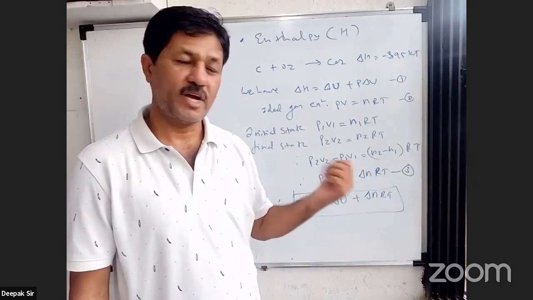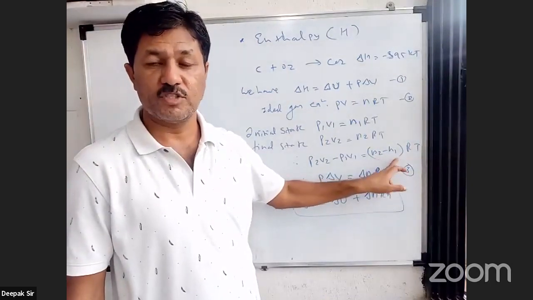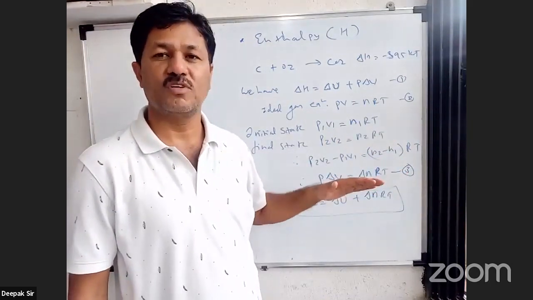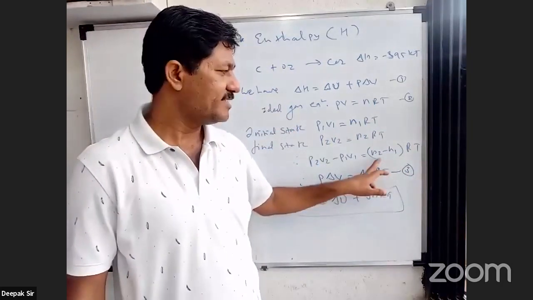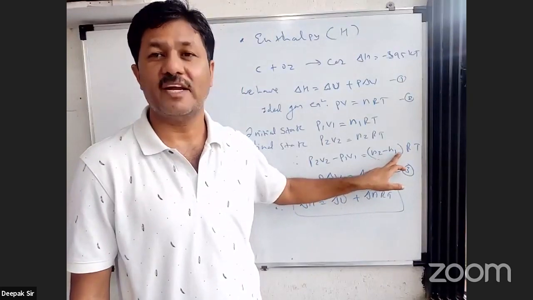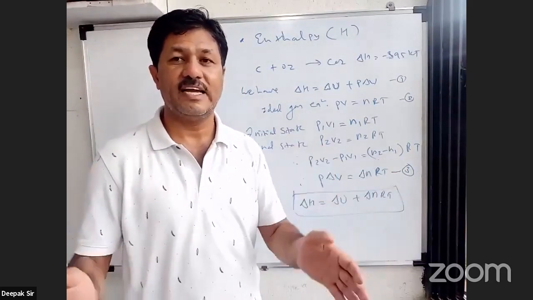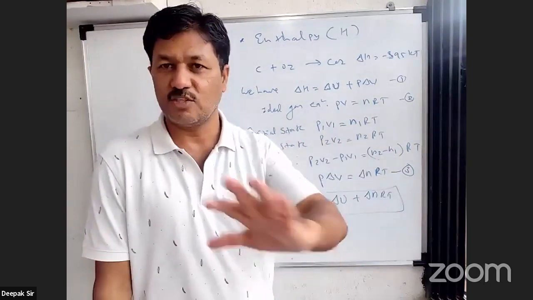So number of moles of product n2, number of moles of reactant n1. ये इक्वेशन जब आप किसी भी न्यूमेरिकल को सॉल्व करने के लिए यूज करेंगे, हीट ऑफ रिएक्शन को सॉल्व करने के लिए यूज करेंगे, तो keep it in mind that n2 represents number of moles of product and n1 represents number of moles of reactant, क्योंकि किसी भी रिएक्शन में reactant is always the initial state and product always is a final state.